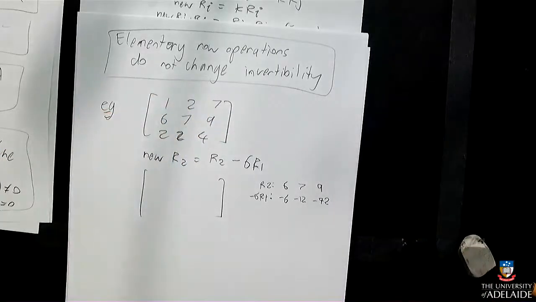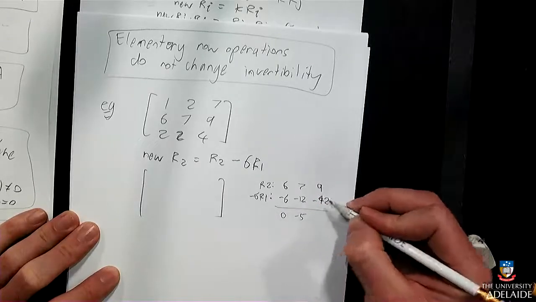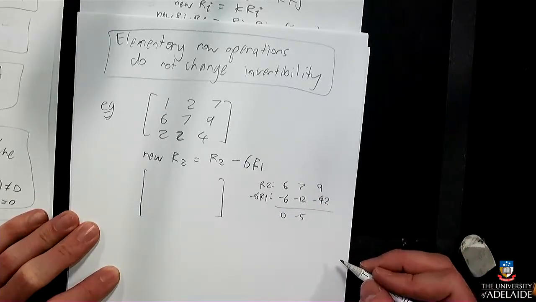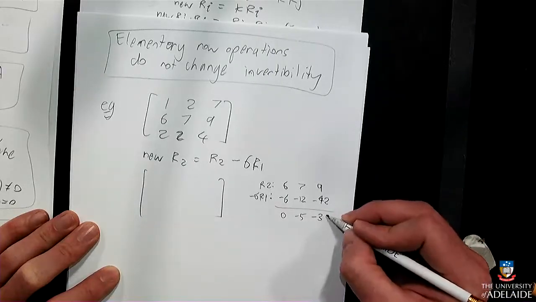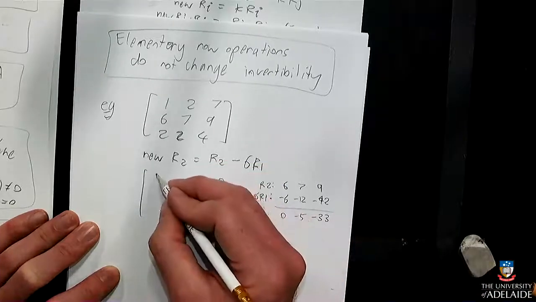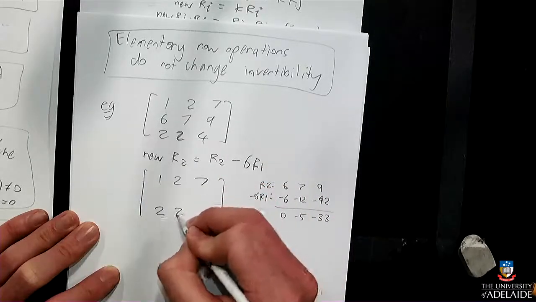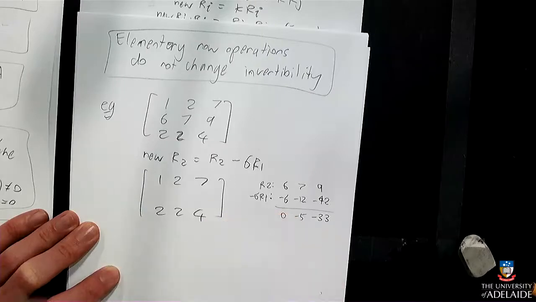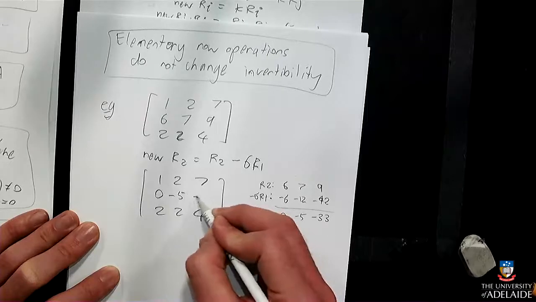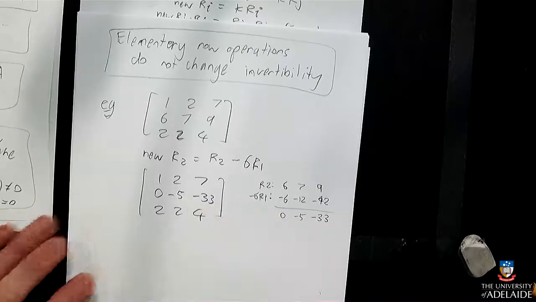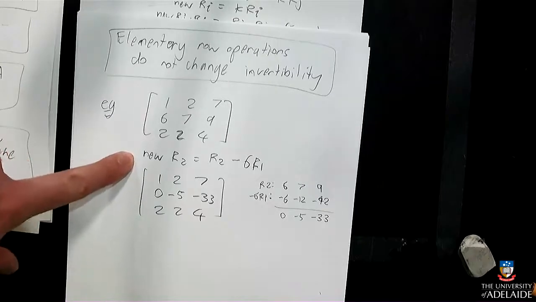And so when you add those two together, you get 0, minus 5, and wow, 9 minus 42 would be minus 33. So when I did this row operation, I didn't change row 1, and I didn't change row 4, but I did change this row here, and it's now 0, minus 5, minus 33. Okay? So that's one row operation that I could do.